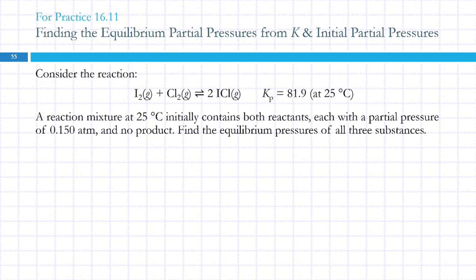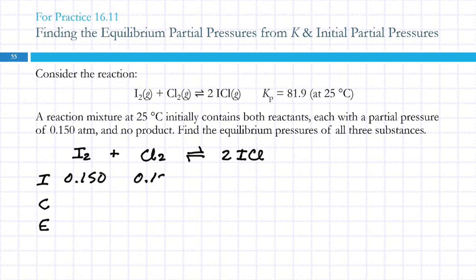Partial pressures. Everything is the same. So let's just run through this real quick. We've got I2 and Cl2 making ICl. Initial, change, equilibrium. We have initial pressures of both reactants with partial pressure of 0.15 and no product, 0.